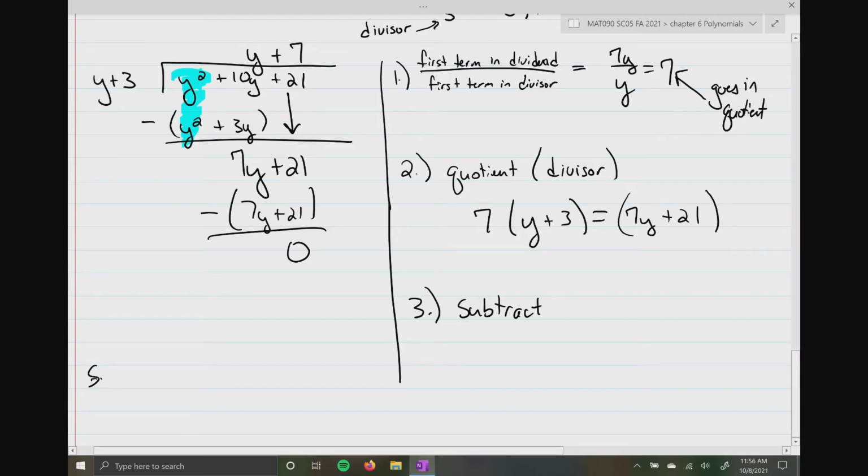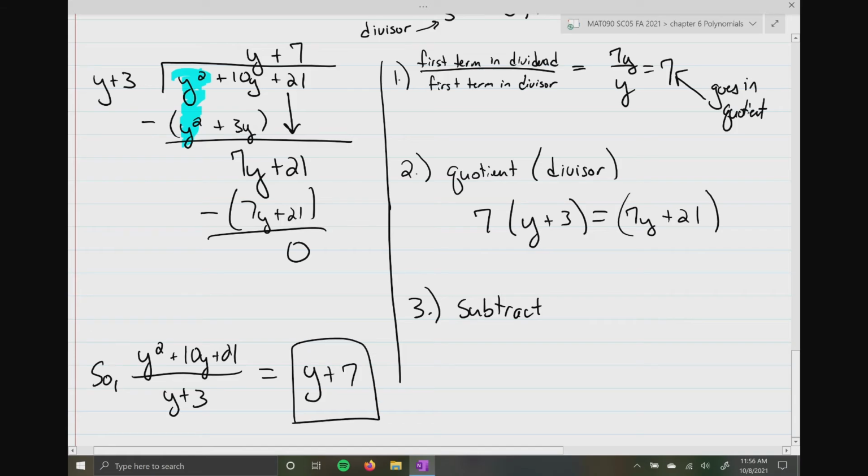So I'll write a little statement, a little sentence. Y to the second plus 10y plus 21 divided by y plus 3 equals y plus 7. Like I said, given the two cases that we can run into, dividing by a monomial is very easy.